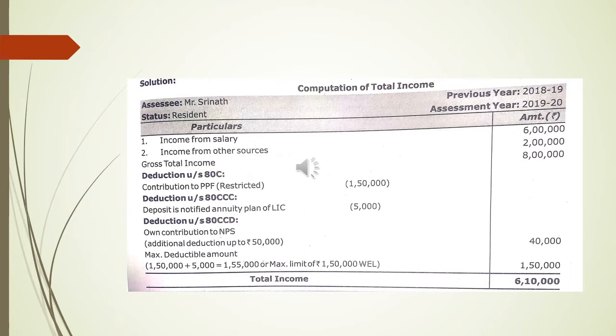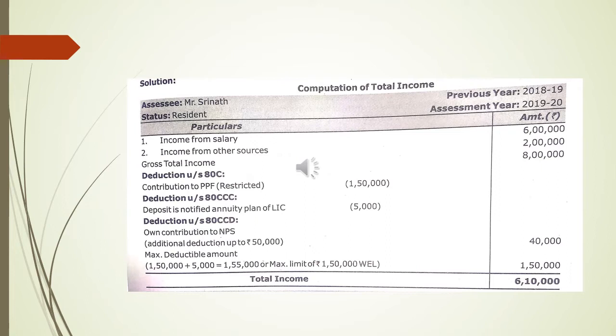Whereas when it comes to all the three sections put together, 80C, 80CCC, 80CCD, the total put together again should not cross 1,50,000. Maximum limit is 1,50,000. So total it comes to 1,50,000 plus 5,000, 1,55,000 or 1,50,000, whichever is less.